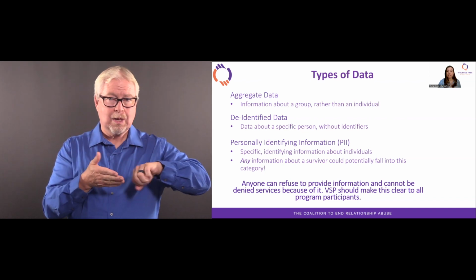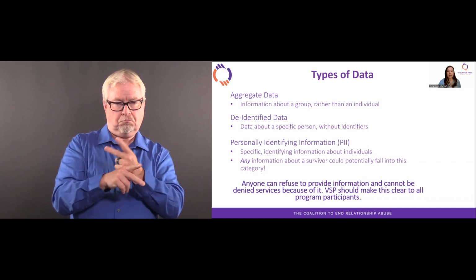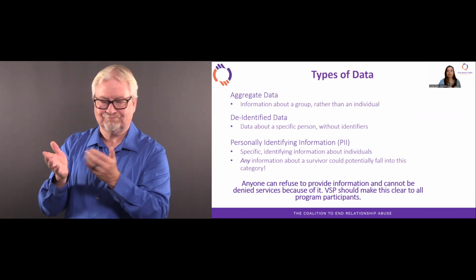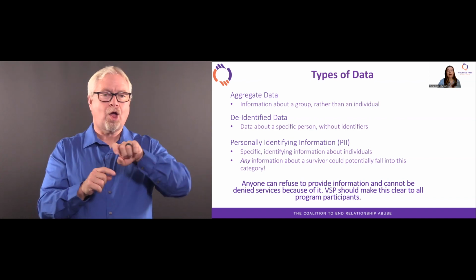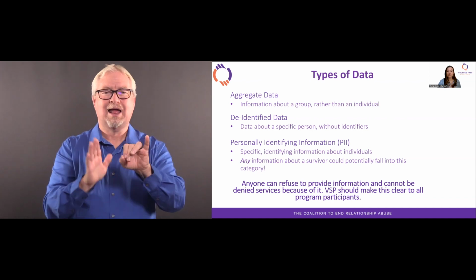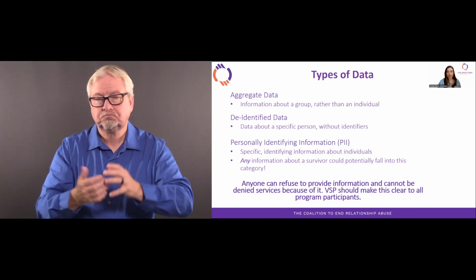Sometimes, even if the data is stripped of the person's name or address, it can be possible to deduce the participants' identity from other data that is generally viewed as de-identified or aggregated.